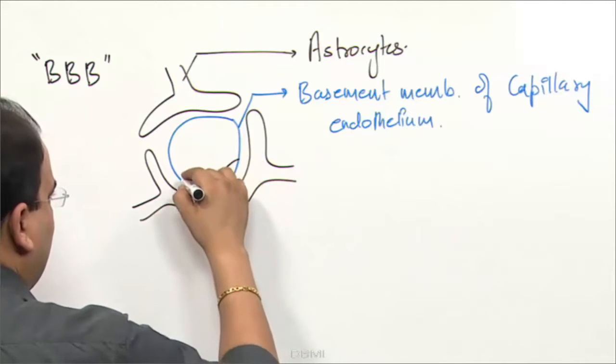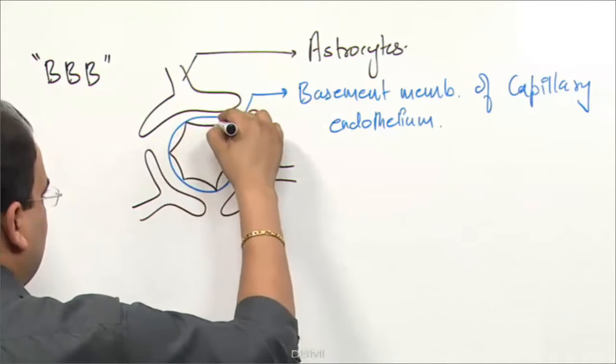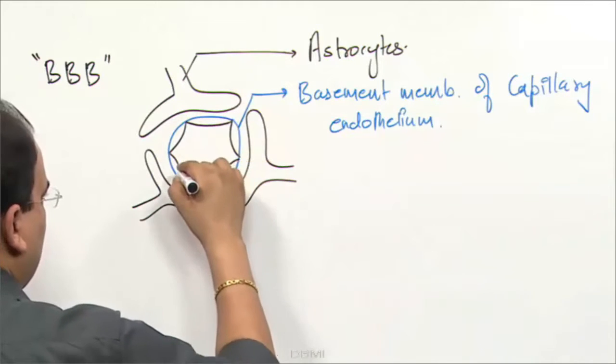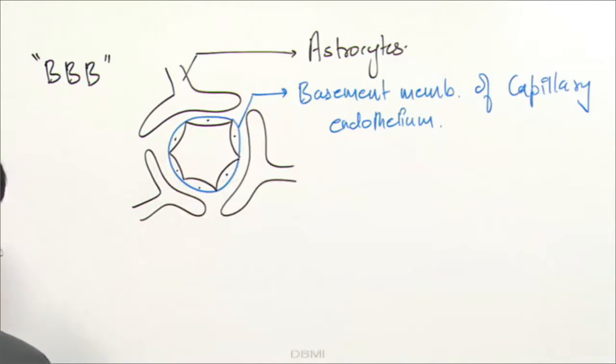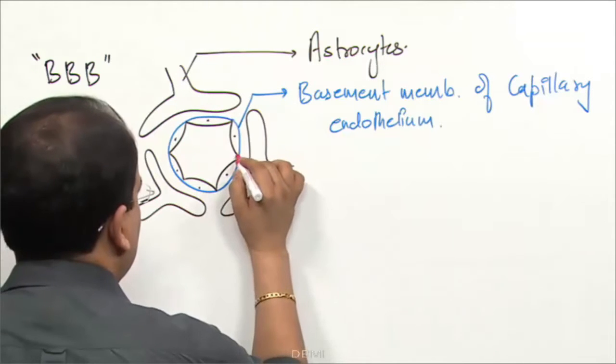So if these are the capillary endothelial cells, they are connected to each other by tight junctions.